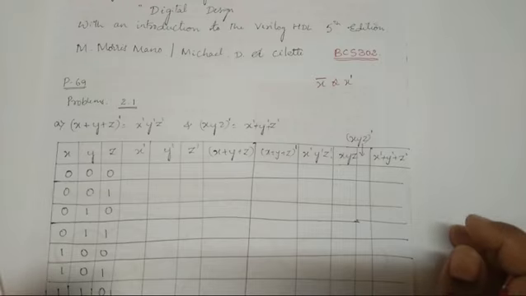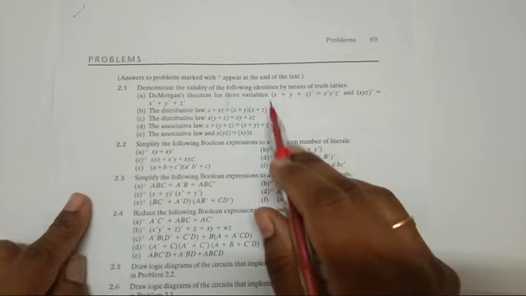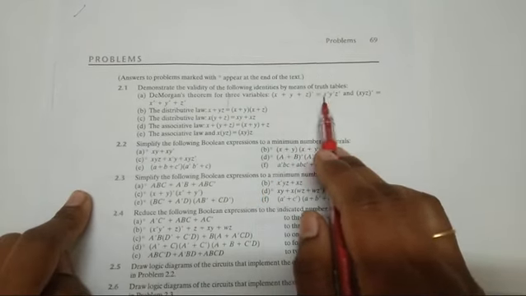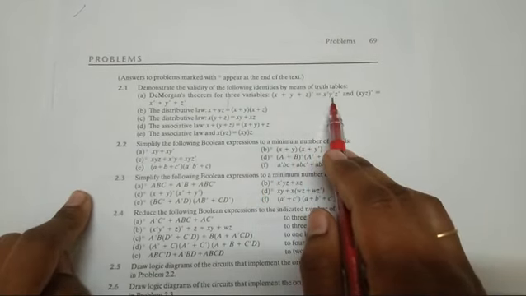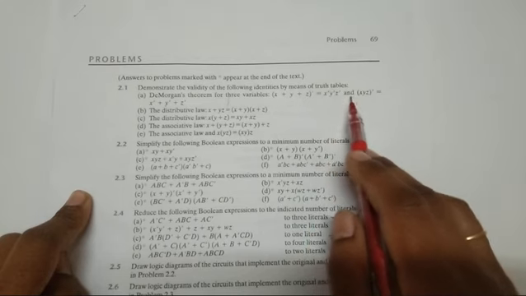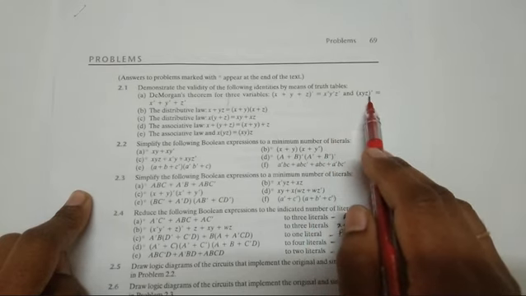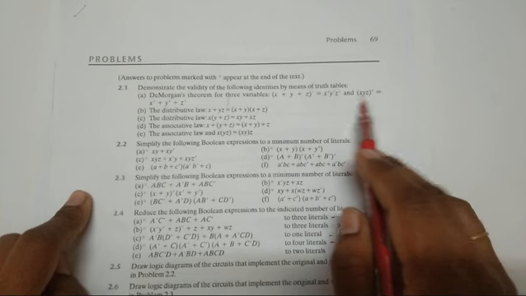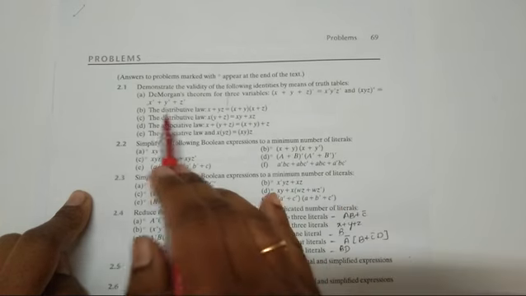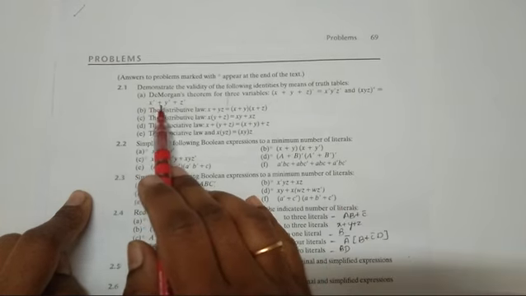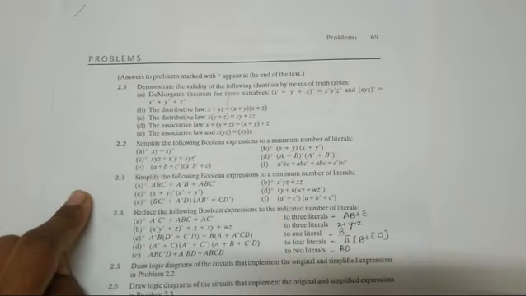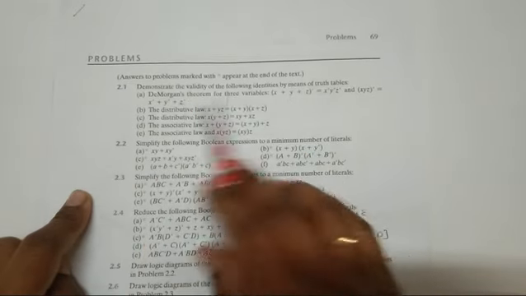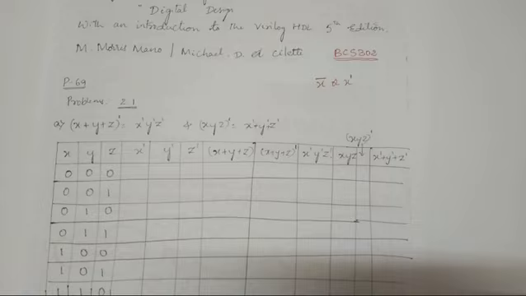These are the different representations of a complement. x plus y plus z whole bar is equal to x bar, y bar, into z bar, and x y z whole dash must be equal to x dash plus y dash plus z dash. These are the 2 identities we need to solve now.